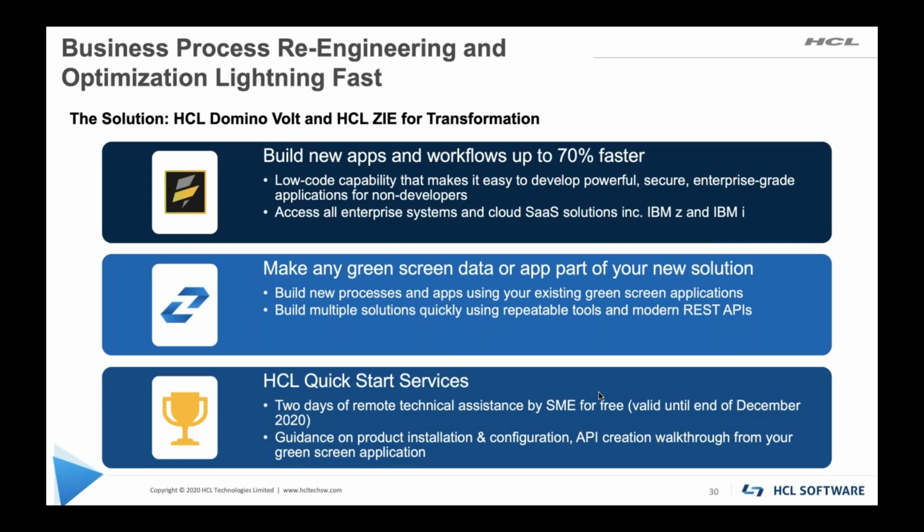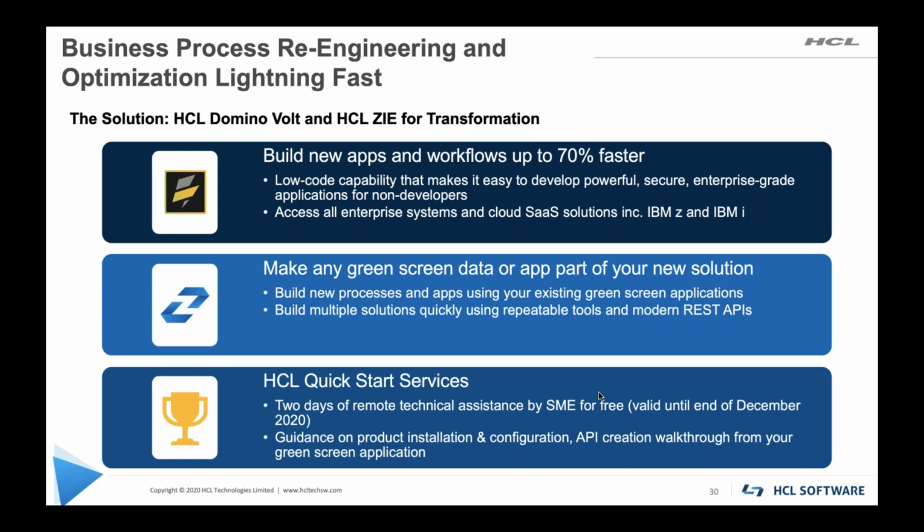Our proposed solution is the combination of HCL Domino Vault and HCL ZIE for Transformation product. Domino Vault's low-code capability allows non-IT professionals to build new applications and business workflows up to 70% faster. It can build applications and business workflow while integrating all enterprise data, Domino apps, SAP, Salesforce, SharePoint, and much more.